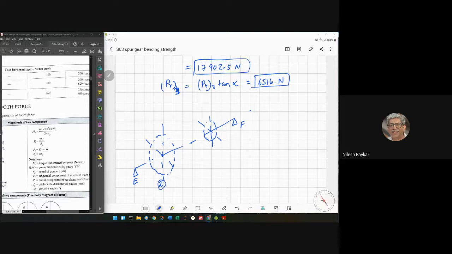So this is the second gear and this is the third gear. Let's see. First we have to decide the direction of motion of the intermediate shaft.